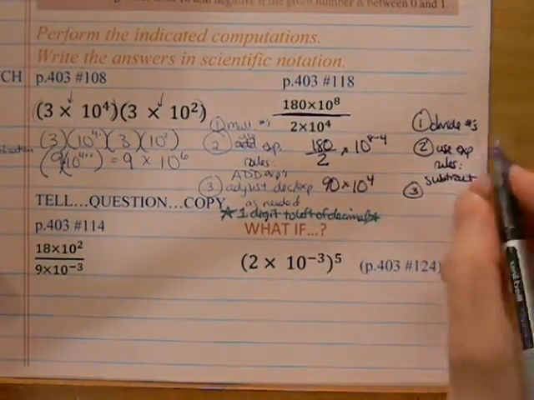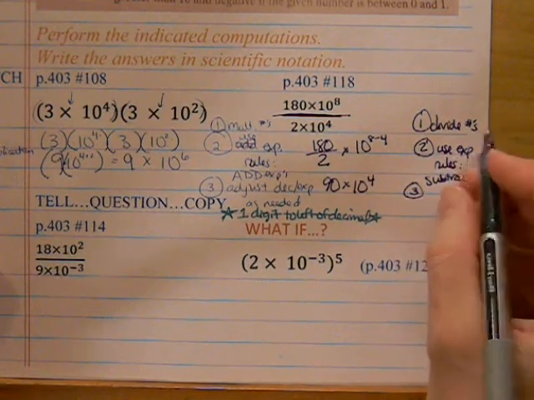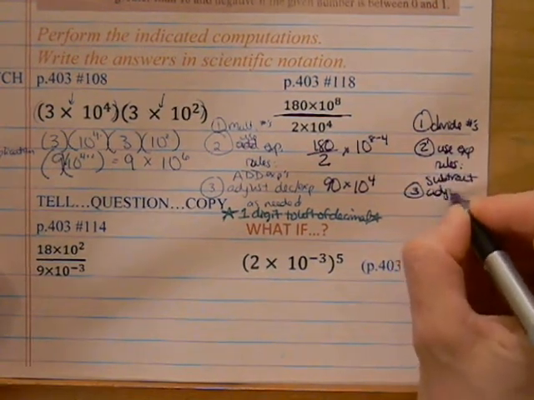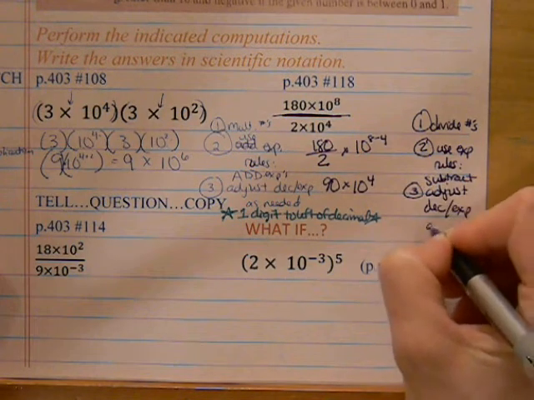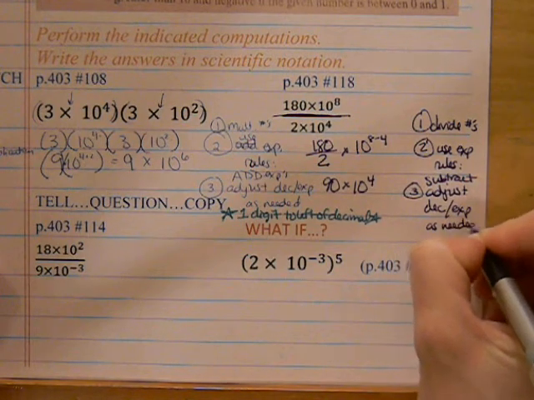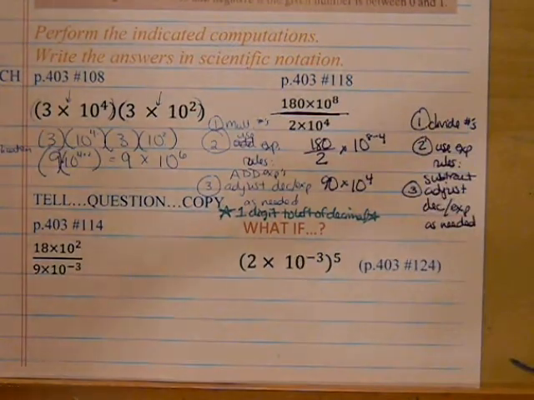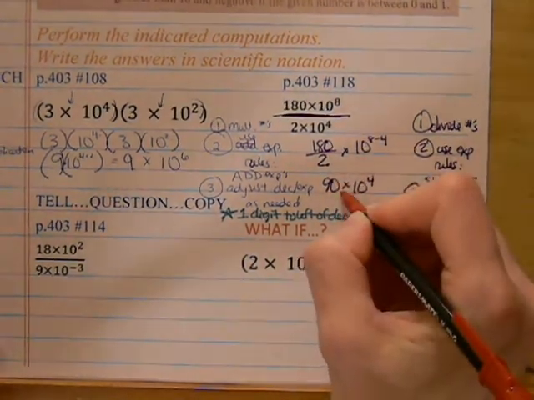And again, we need to adjust the decimal and the exponent as needed, because we want only one non-zero digit. So we've got 90 here.